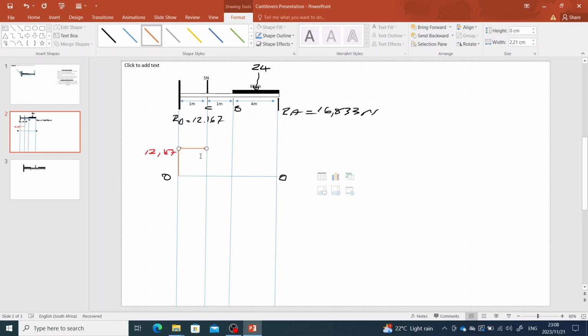Then it is 12,167 minus, on this line I'm having a downward force. Now it will be 12,167 minus 5. Then I get my answer 7,167.